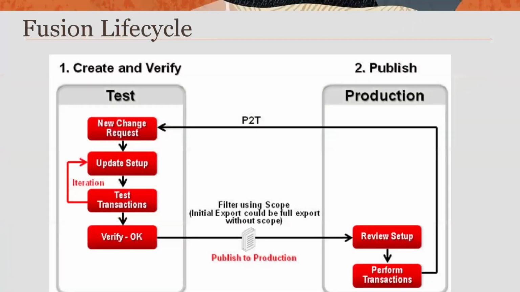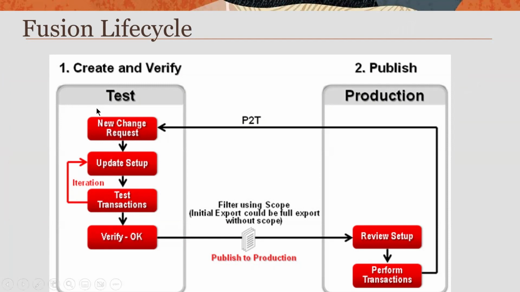So this is just a typical life cycle of any change. We have a test environment or development environment. We might have multiple environments also, development one, two, then test. Test is basically a pre-prod, before moving to production. Then production. If a new change request comes, we need to make that change using functional setup or configuration, using application composer, everything.